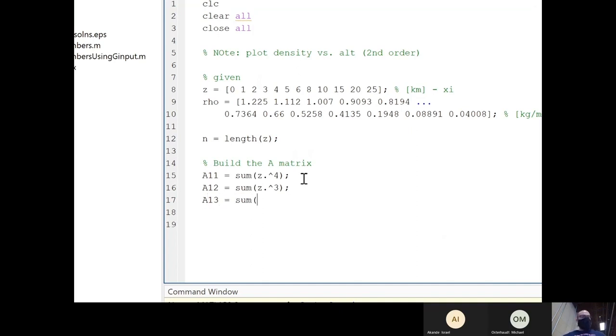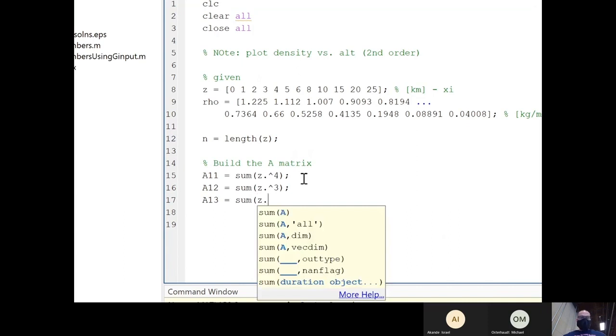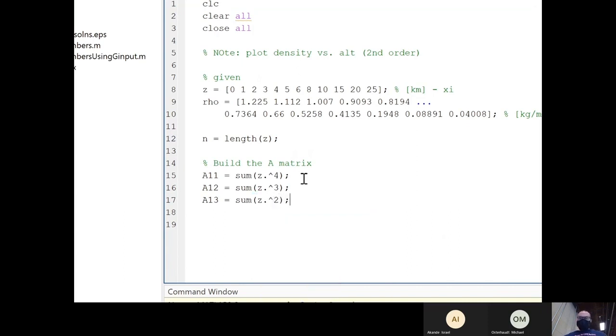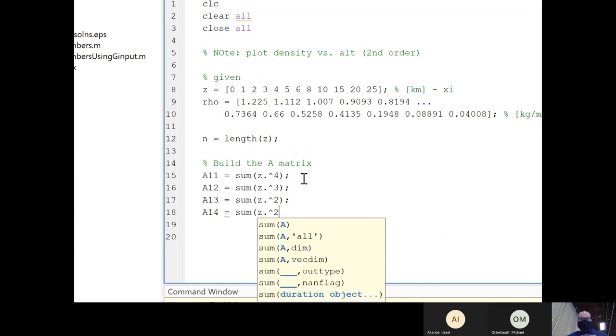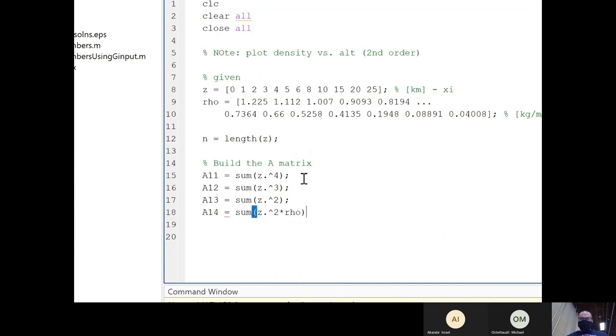Am I blowing minds right now? Why don't you try A14? Summation of what? Bingo.